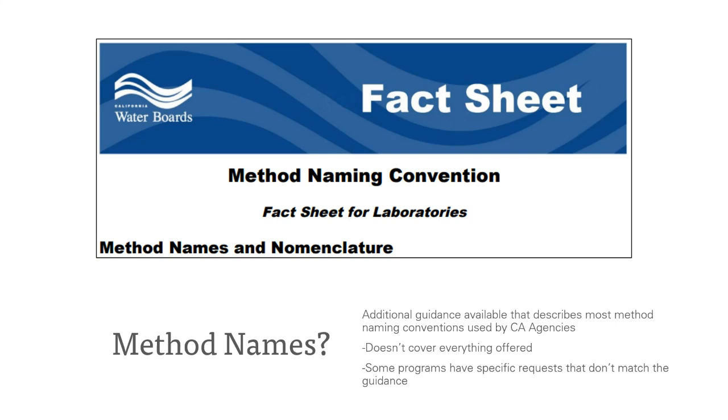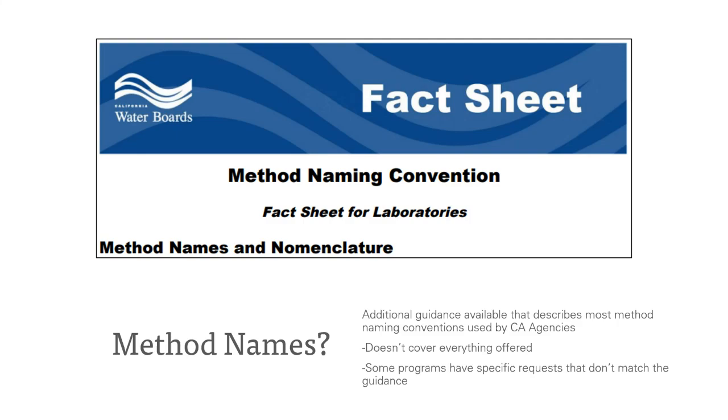I think you can get there through forms and templates or something like that. And there's a guidance method naming convention fact sheet for laboratories, and it describes what each number part includes in standard methods, and what all those pieces refer to. It also covers ASTM and US EPA, what those names look like and why ELAP has chosen the names that we do.